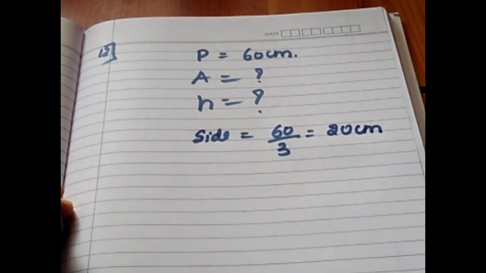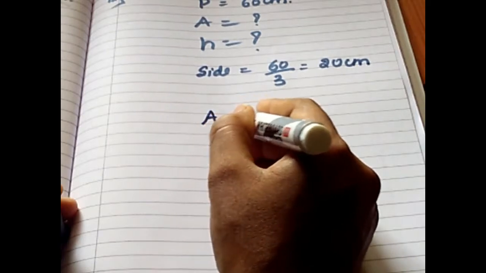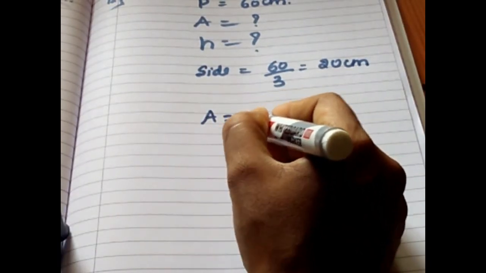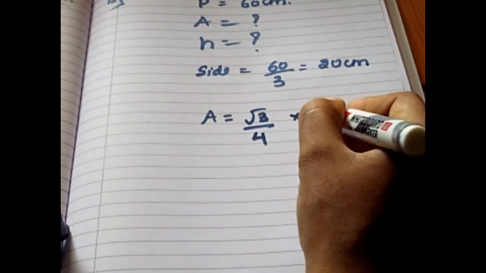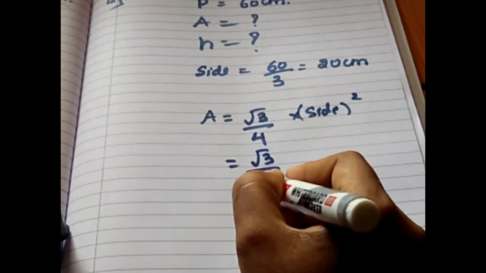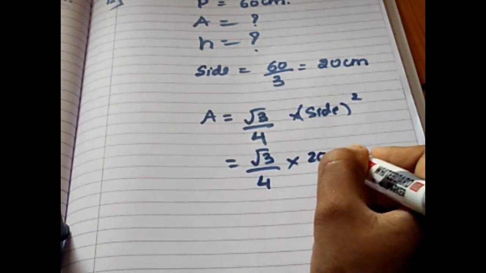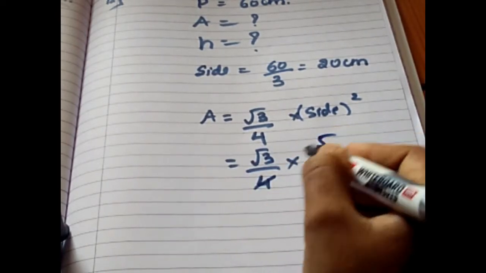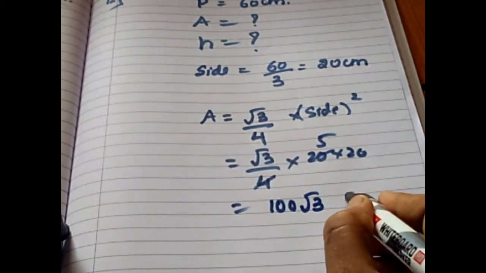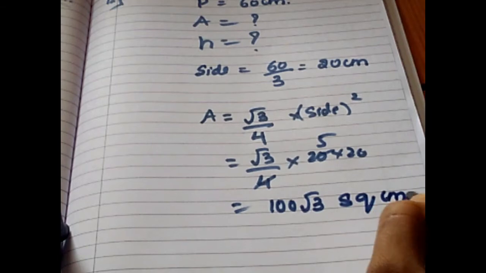Once we got the side of 20 centimeter, how to find the area? Apply the equilateral triangle formula, that is root 3 by 4 into side square. So root 3 by 4, side is 20 into 20, 4 ones are 4, 4 fives are 20, it is 100 root 3 square centimeter.